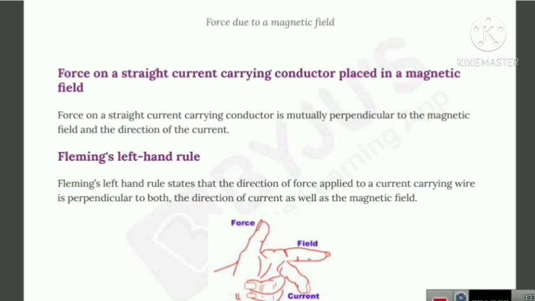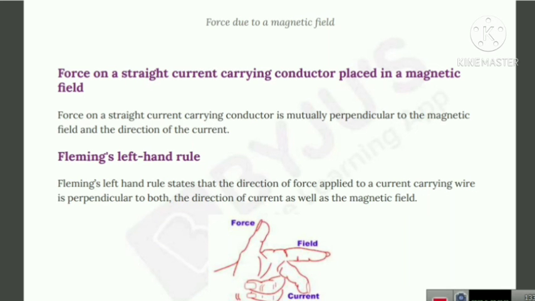It shows the direction of the force on the conductor depends upon the direction of the current and the direction of the magnetic field. This observation is from Ampere's experiment. So it suggests that the direction of the force on the conductor depends upon the direction of the current and the direction of the magnetic field.